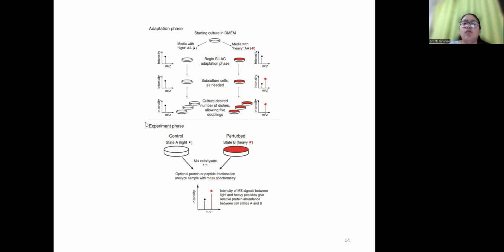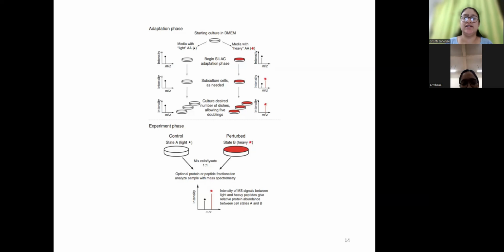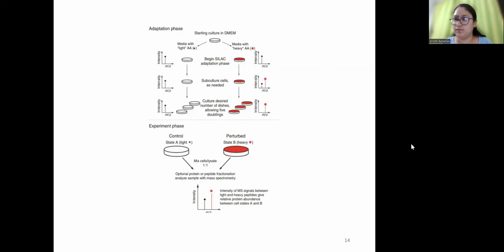Oh, it's actually the same thing that we discussed previously. It's nothing different. So when we are actually performing the experiment, there's an adaptation phase where you first adapt your cells to different conditions, be it a light chain or a heavy chain or whatever the metabolic tag is, and then you perform the actual experiment, which is the experimental phase.